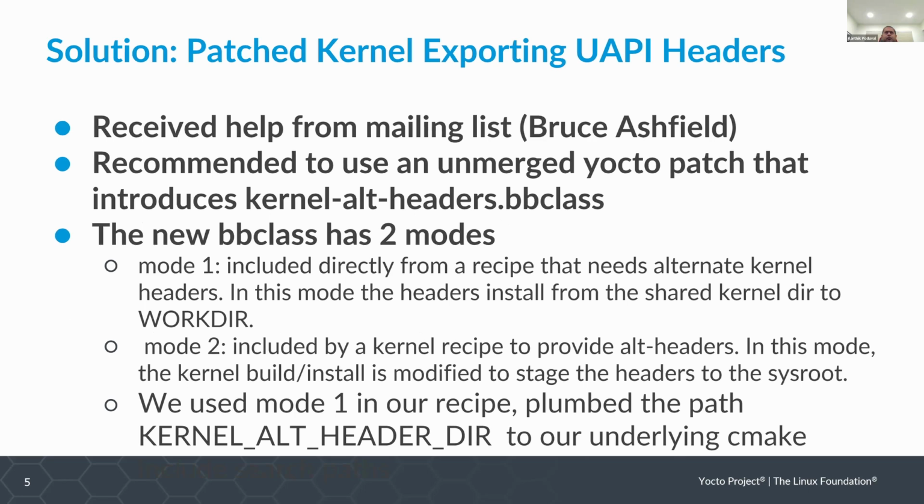The second mode, which we didn't use, was to add it to the kernel recipe itself. We ended up using mode one, and KERNEL_ALTERNATE_HEADER_DIR was a variable that pointed to the exported headers, and we just had to pass this into our package CMake using OE extra flags, and with that the package was able to build.